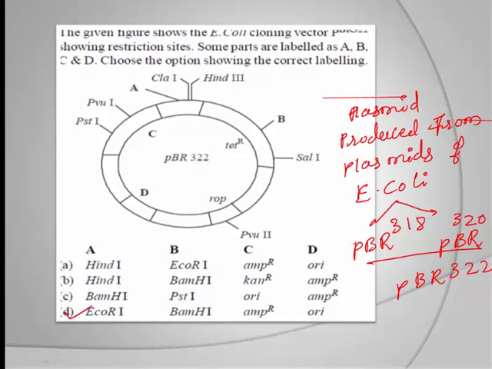So the right answer is option D. A represents restriction site of ECOR1, B represents restriction site of BAMH1, and C represents the ampicillin resistant gene, and D represents ORI. The plasmid has got ORI, that is why it can undergo self-replication. And if the vector has ORI, then only it can be selected as the cloning vector for a genetic engineering experiment.